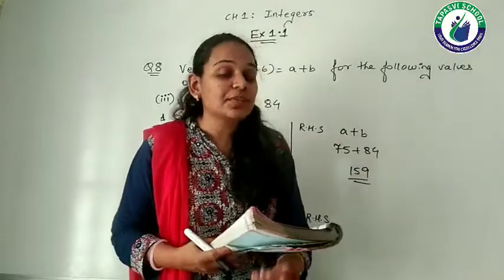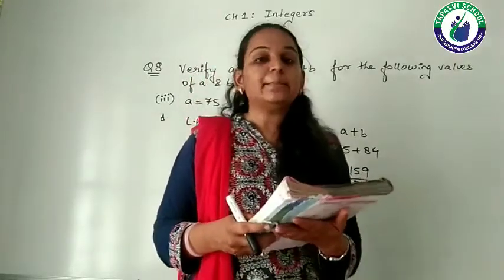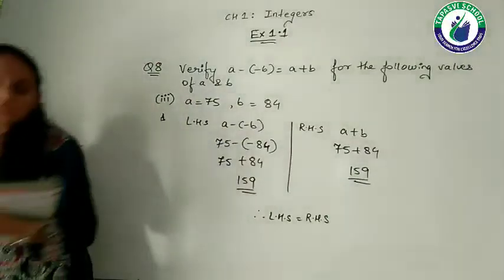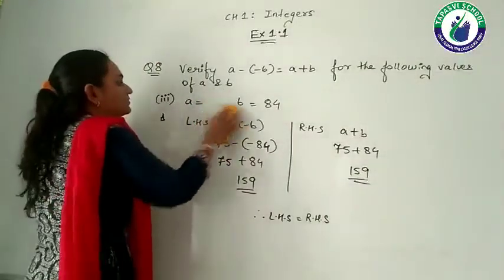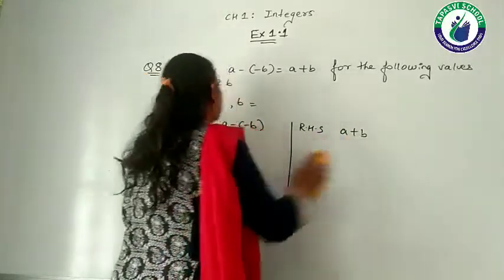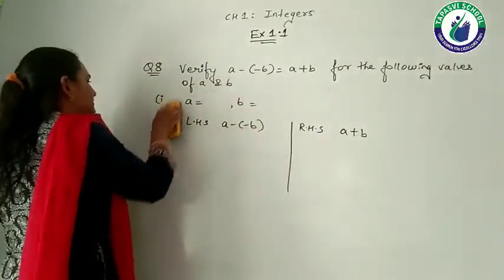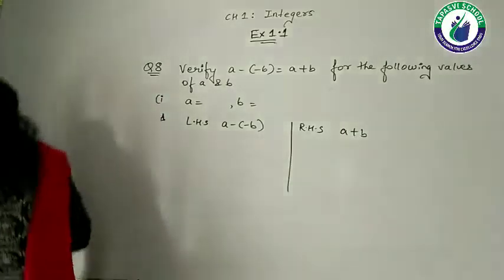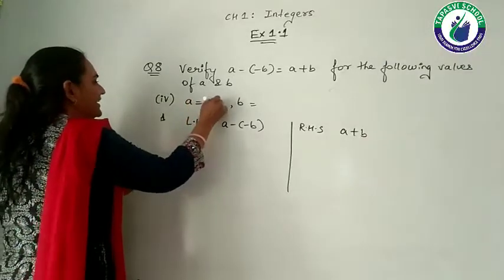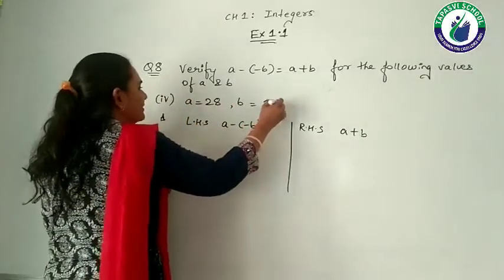B is equal to 11. A is equal to 28 and B is equal to 11, right?